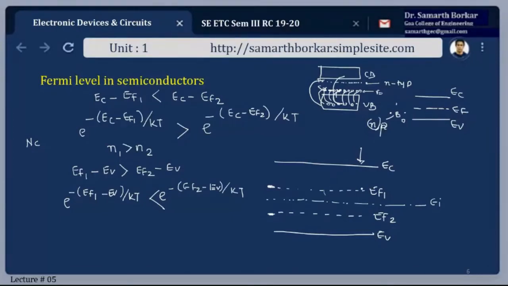But in both cases, the product of n and p will always satisfy the mass action law, which states that the product of n and p is equal to ni squared at thermal equilibrium. Thermal equilibrium means the temperature is kept constant, so we are not allowing any extra electrons to move from the valence band to the conduction band, as far as temperature is concerned.